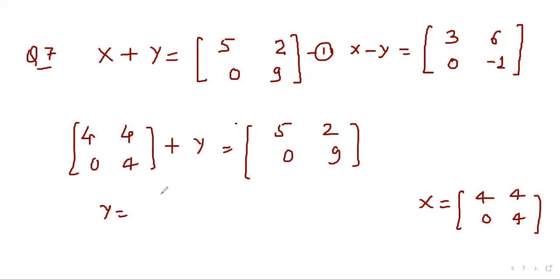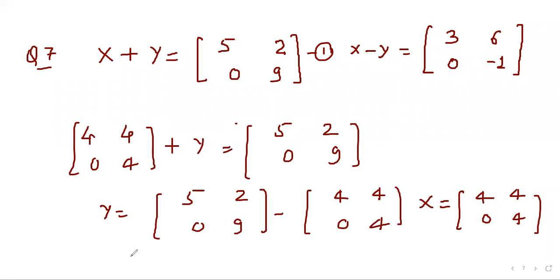So y equal to [5, 2; 0, 9] minus [4, 1; 3, 4]. We simplify. So 5 minus 4 is 1. 2 minus 1 is 1. 0 minus 3 is minus 3. 9 minus 4 is 5. So this is the answer. Thank you for watching.